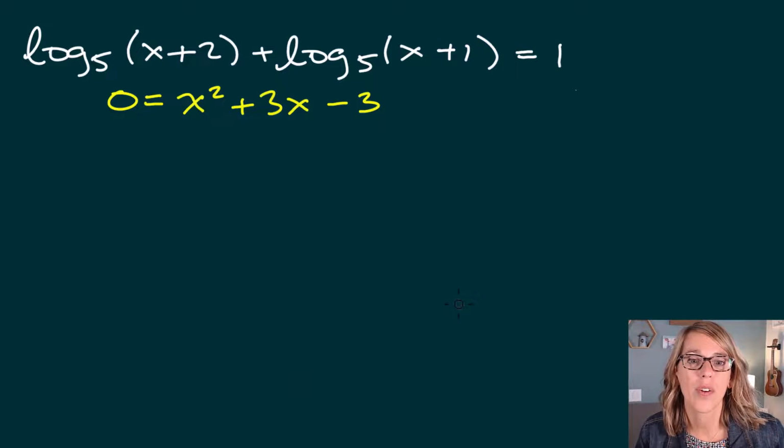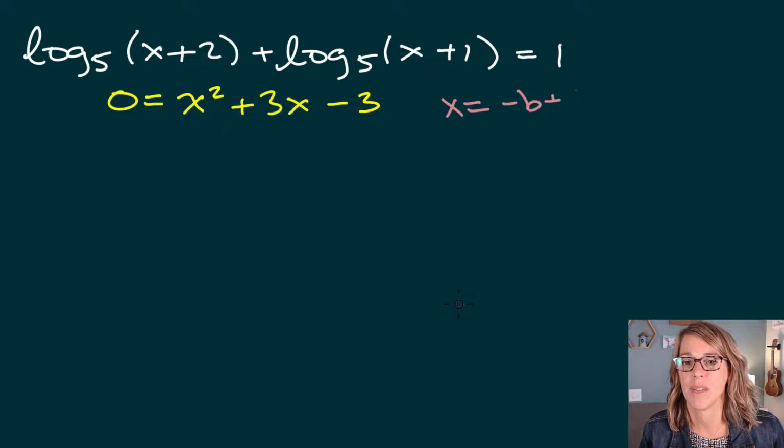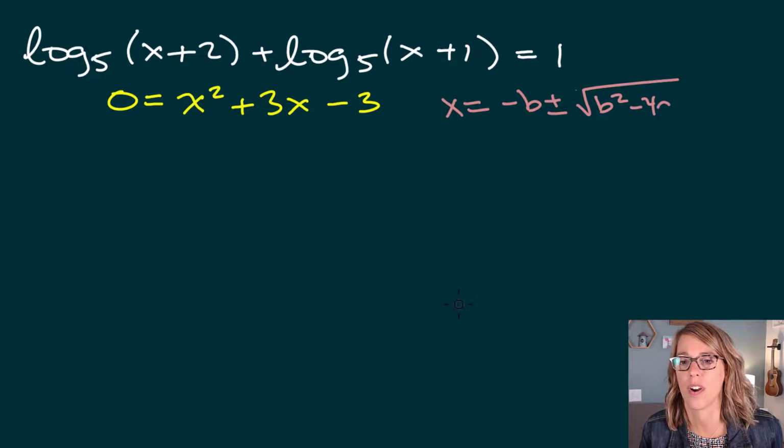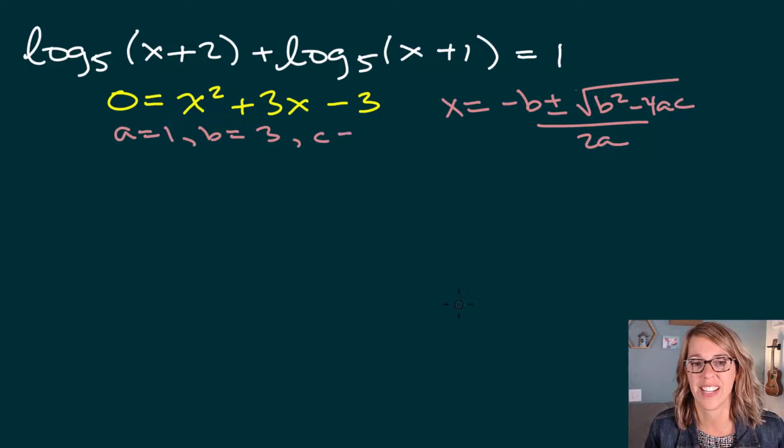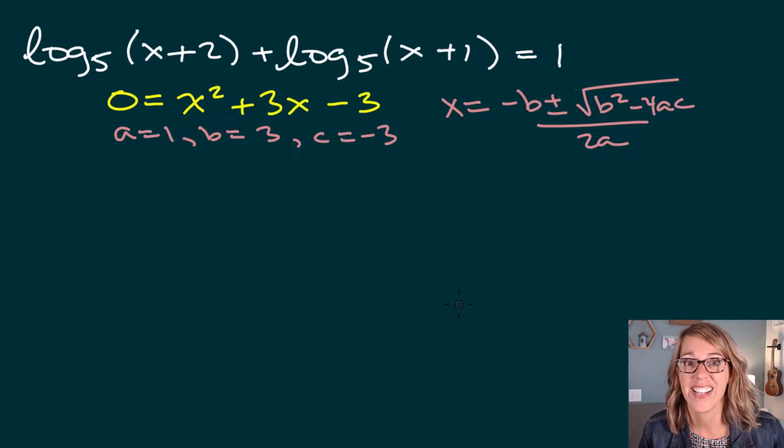Okay, so here's where we were. What we need to apply is the quadratic formula. So the formula looks like this. x is equal to the opposite of b plus or minus the square root of b squared minus 4ac, all divided by 2a. So as I run through this, a is that lead coefficient 1, b is equal to the middle coefficient 3, and c is our constant -3.